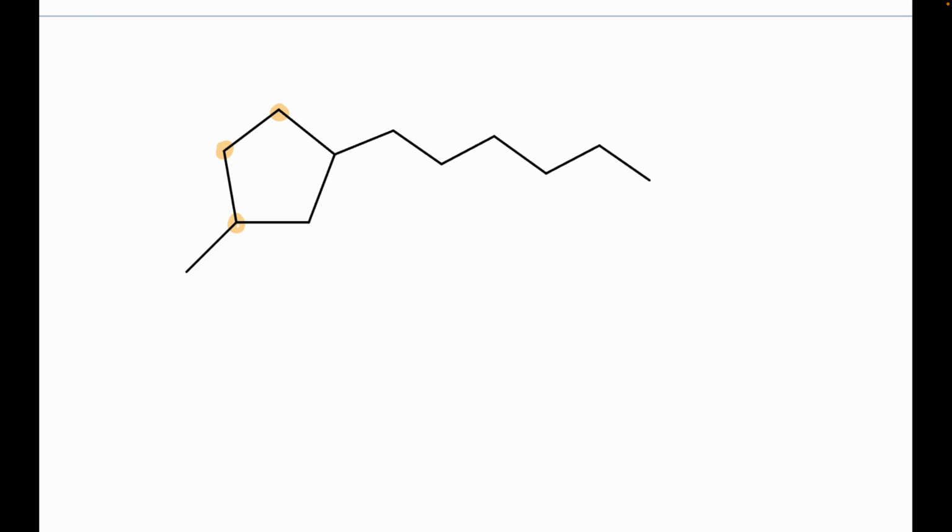The ring. All right, so look, even though this substituent right here has more carbons, the ring is always my parent chain. My parent chain is cyclopentane. That makes this a hexyl group, and this one carbon group over here a methyl group.